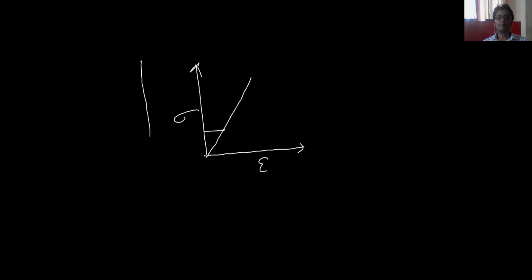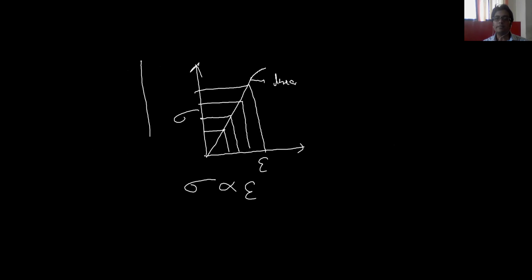At every point of this line, the stress is directly proportional to strain. And the point from where the line changes shape, from linear to curve, means that the elasticity limit has reached.